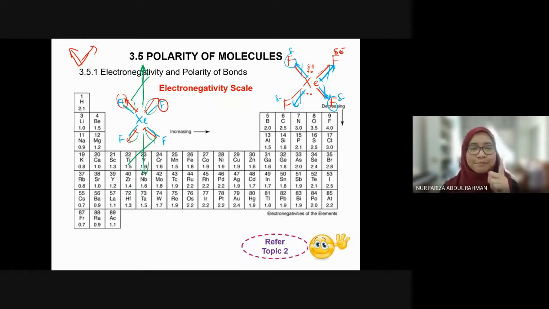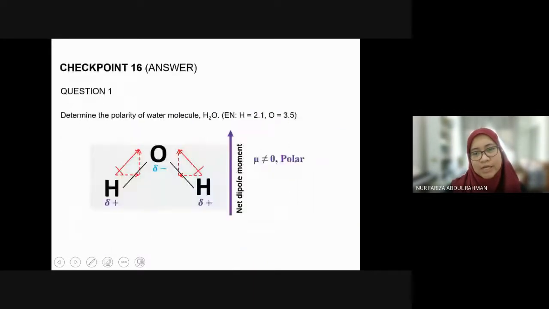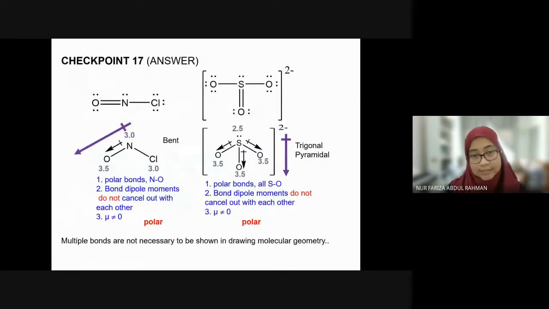Provided that they all have the same magnitude. The same magnitude maksudnya the same electronegativity. If any of these four is different, terus jadi polar lah. Okay guys, I hope that you understand what we have learned so far.